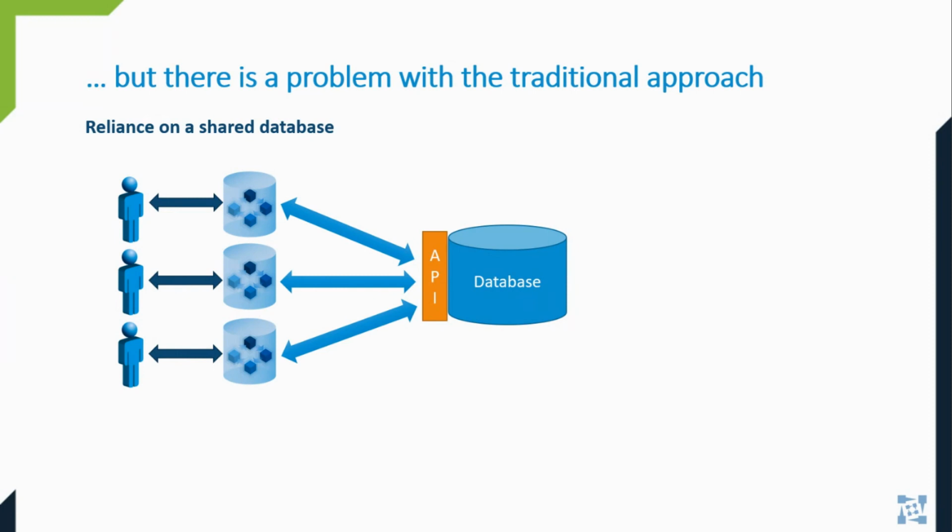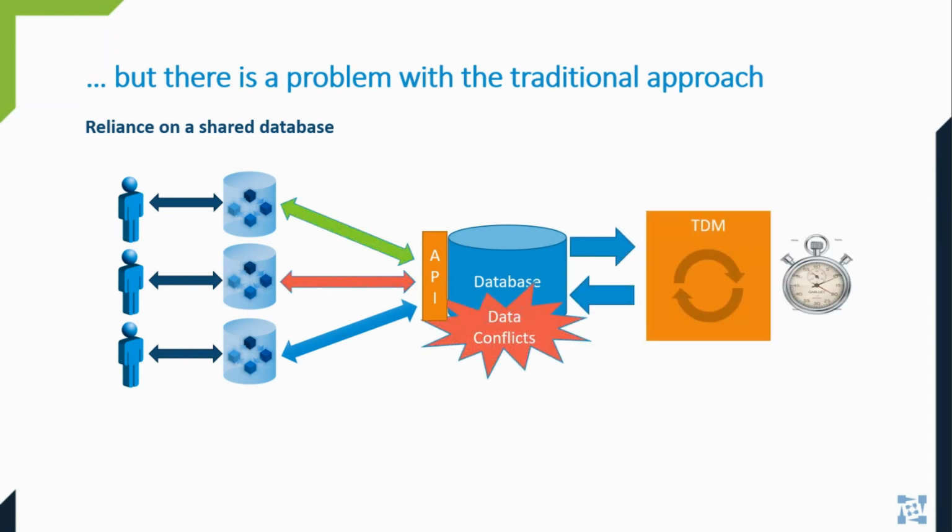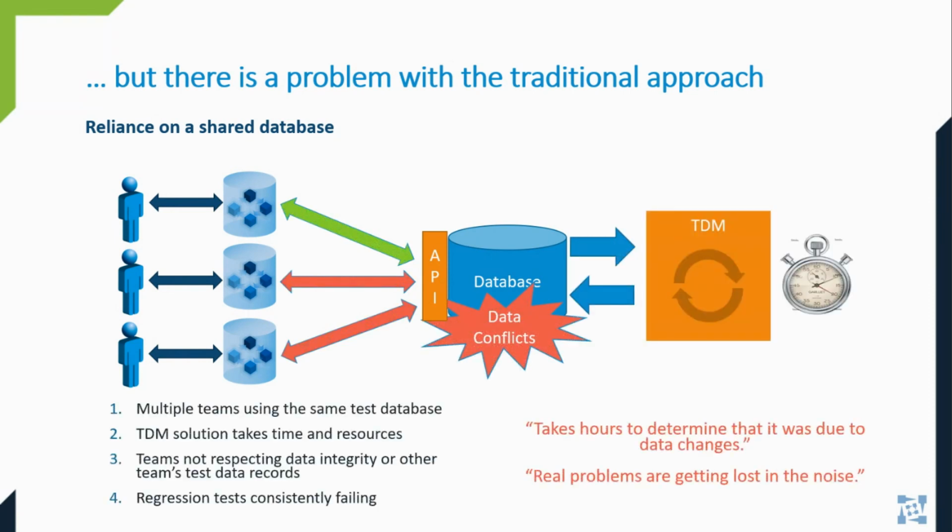So, the common issue here is if multiple teams are consuming data from the same database or from the same data set, you're going to have teams that are consuming each other's data. You're going to have teams that are burning each other's data. It's going to lead to a sort of knock-on effect where you can't necessarily validate your results, just because, frankly, there are other teams doing their work at the same time.